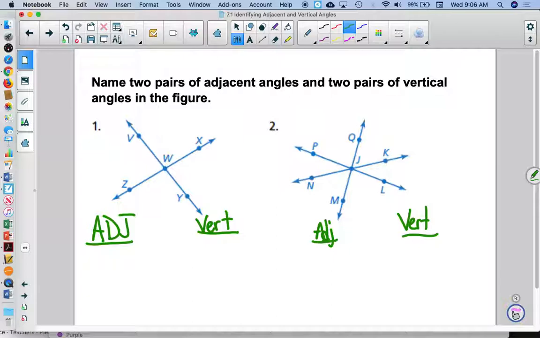What side do they share? W's, and they don't even share that. So if you go with your... what angle is adjacent?